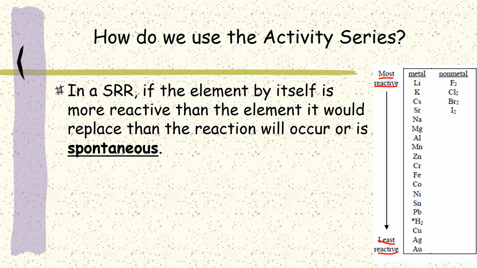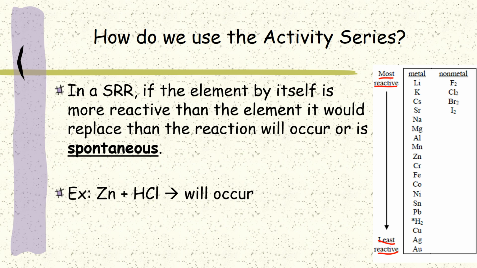So for today, I just want you to pull up an activity series, keep it handy. We're going to use it, but I'm going to give you a copy of it for tomorrow, for when we're doing these. All right. So looking at our example, zinc plus hydrogen chloride.